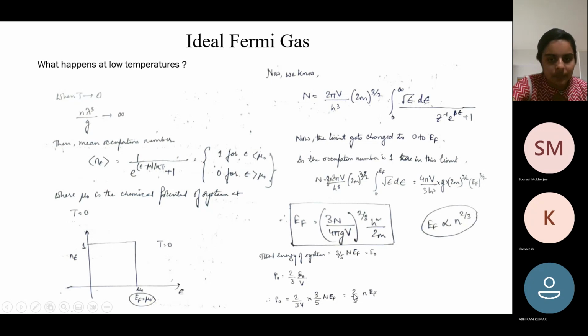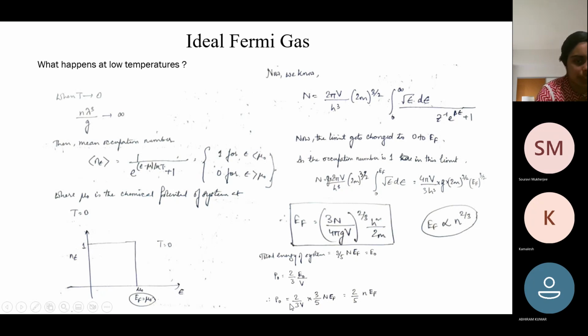So can you tell me, how does pressure depend on number density, looking at this expression? How will the pressure of this Fermi gas system at temperatures tending to 0 look? Or rather, here we don't have to consider that the temperature is tending to 0. All this limit that we considered was to find this Fermi energy expression. This is a very general result.